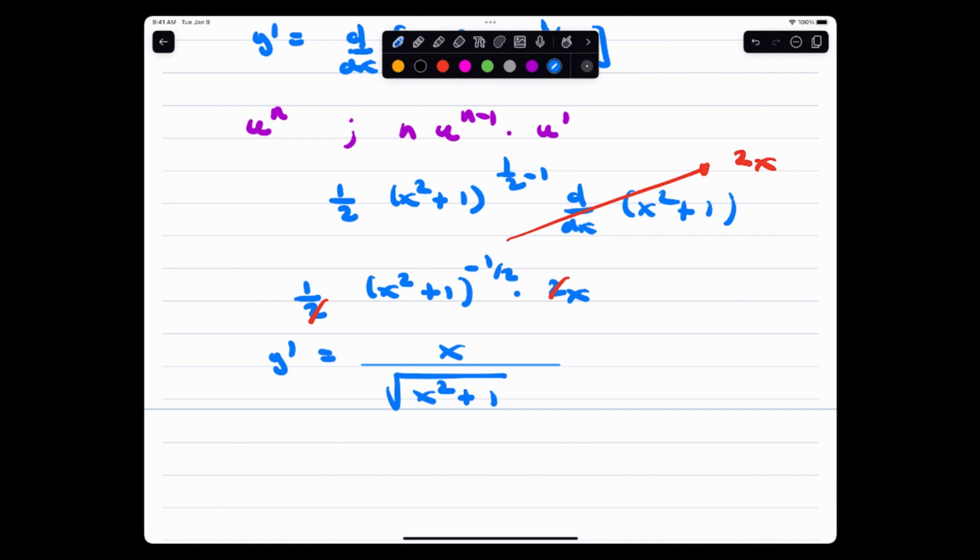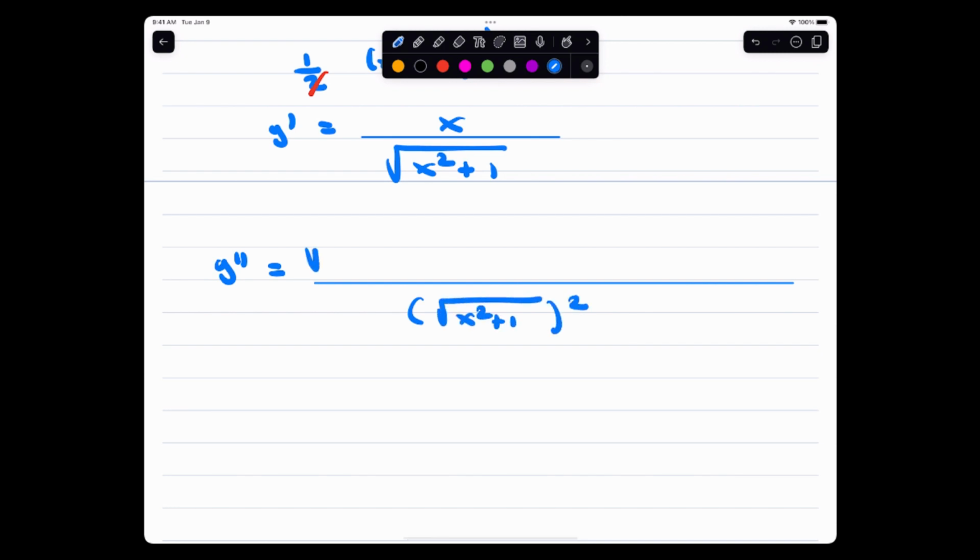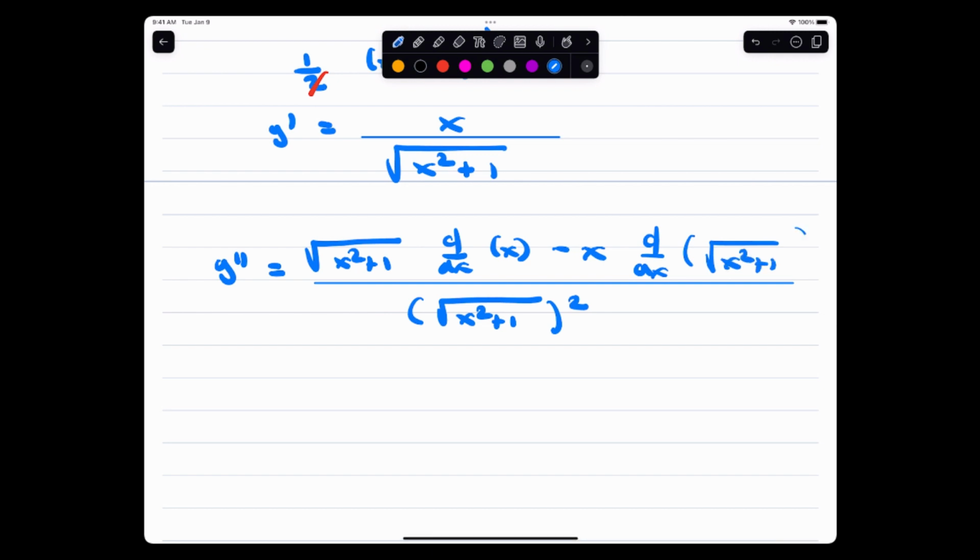All right, what about this one? How do we get the second derivative now? Yes, quotient rule. So I take this square root of x squared plus 1 and I square it. I bring it up here and then differentiate what? X minus x, derivative of that square root here. Okay?